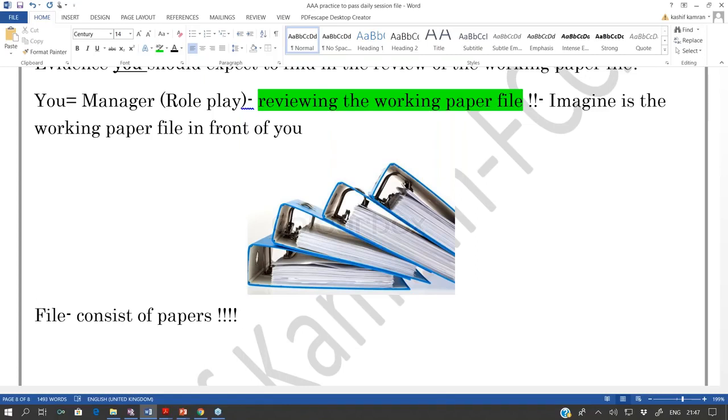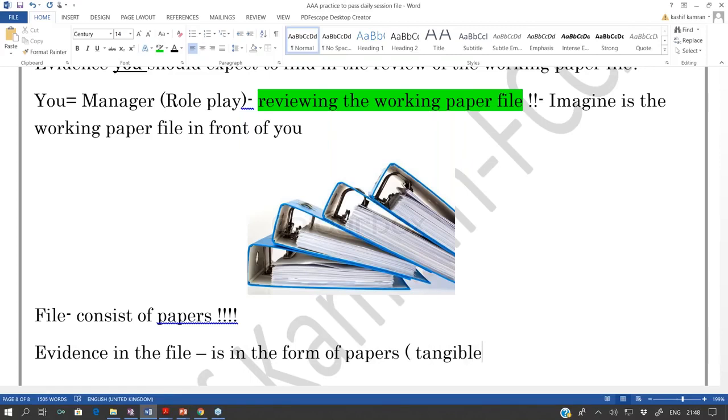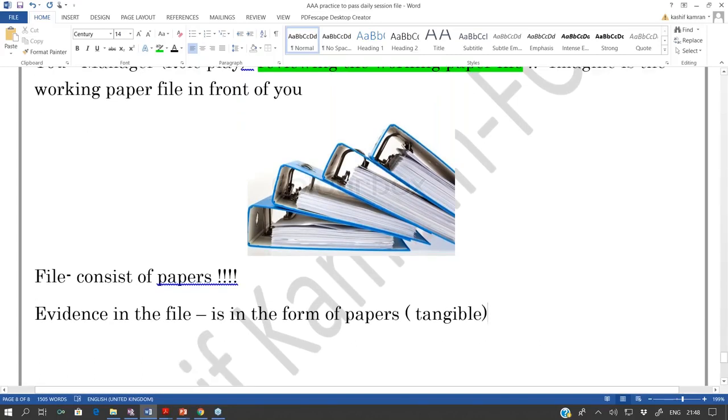Now, if the file consists of papers, that means the evidence in the file is in the form of papers, in the form of something tangible.